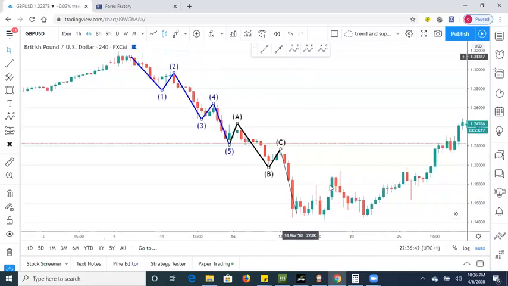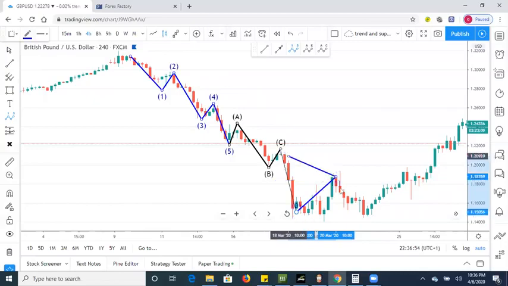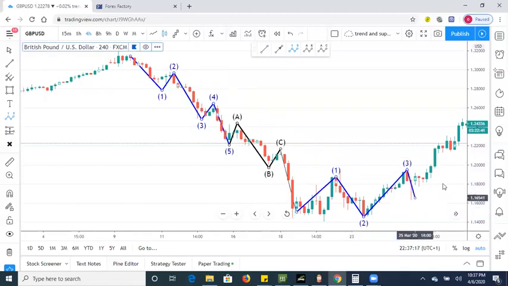You expect the pullback to make a U-turn from point C to make a continuation, traditionally at point B, but it could make a U-turn. At least it shouldn't take out C. Then it turned down. Your first take profit will be 0, right? Then what did price do? Price broke 1.